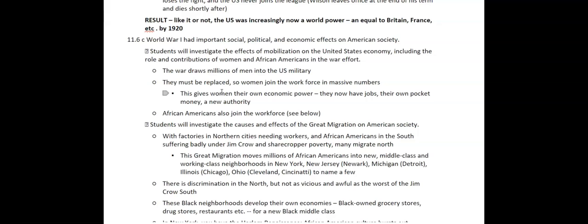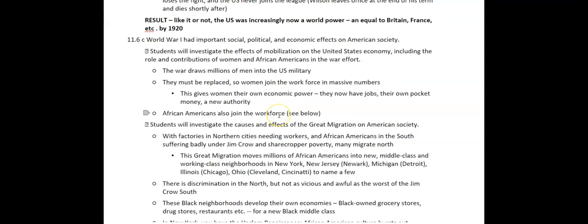Okay, that's nice. Now they have some jobs, but that also means they have economic power. They're making their own money, not their husbands, not daddies. They have their own money in their pocket, and they're making their own decisions about what to spend it on. That economic power and that autonomy, self-government in the economy, has an effect on how they think.